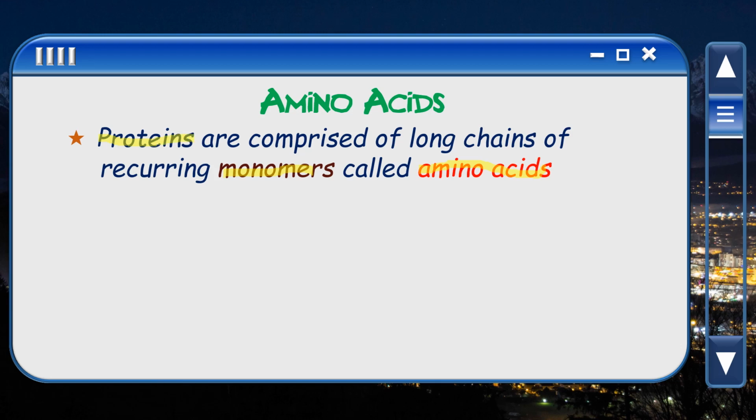A protein is made up of amino acids joining together as monomers to form a complex compound, which is proteins.